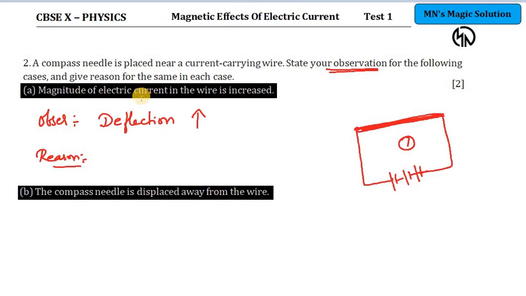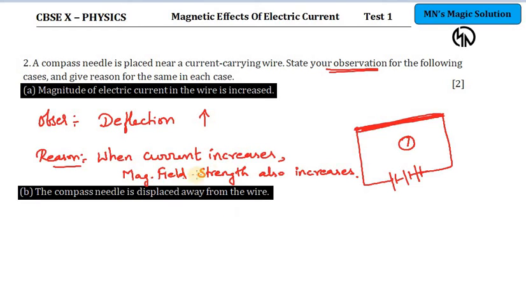Because the magnetic field strength is directly proportional to the current passed through the conductor. So when the value of current increases, the magnetic field strength increases, which in turn causes more deflection. So the reason is, when current increases, magnetic field strength also increases.